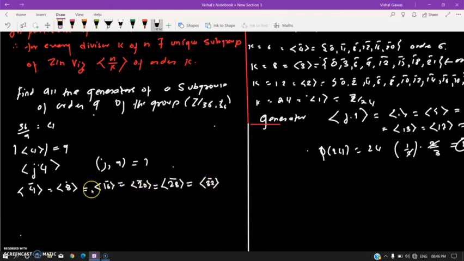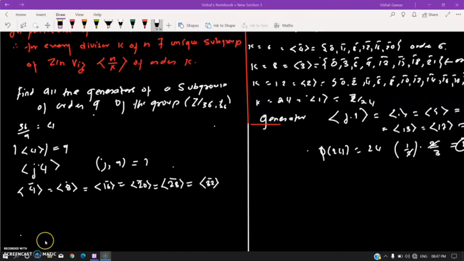So these would be all the generators of the subgroup of order 9, and we know that since this is cyclic, this subgroup is unique. Whatever subgroup we have of order 9, that's the unique subgroup.